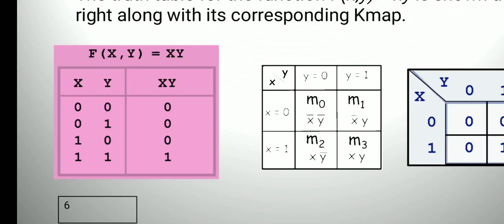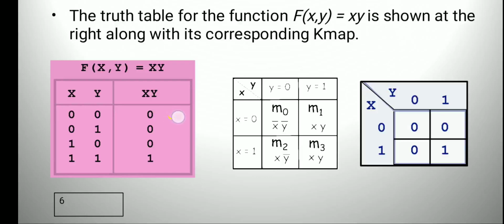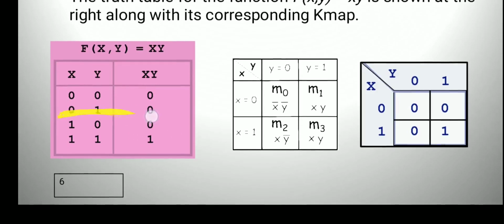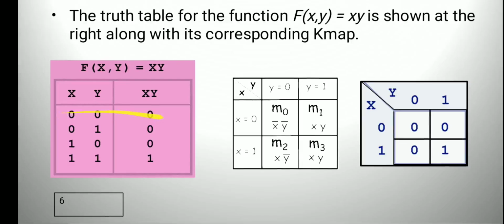In the cells M0, M1, M2, M3, we place the output value, meaning x and y are the inputs and z is the output. Here in this truth table, for x equal to 0, y equal to 0, output is 0. Therefore, in place of M0, we put 0. For x equal to 0, y equal to 1, output is 0.